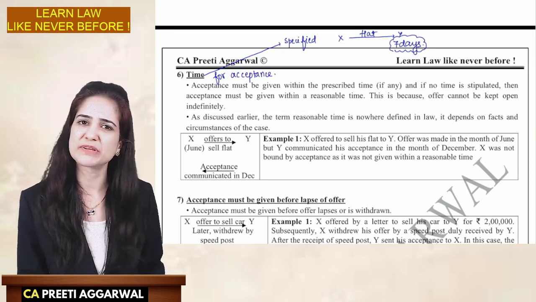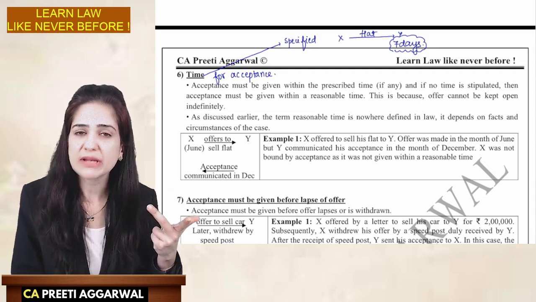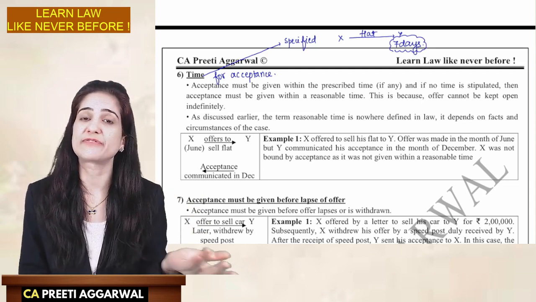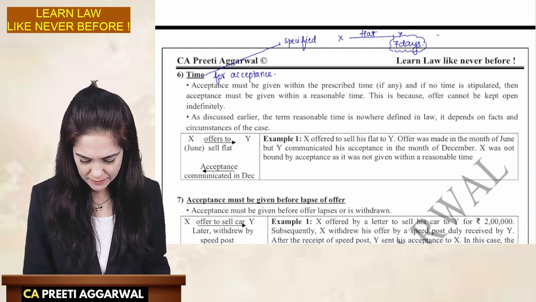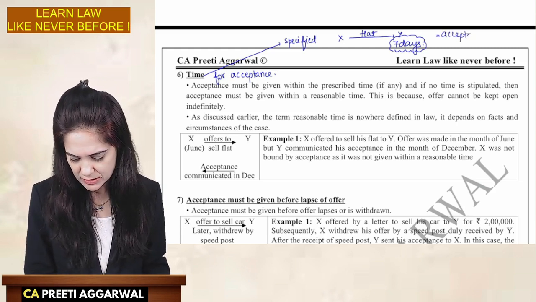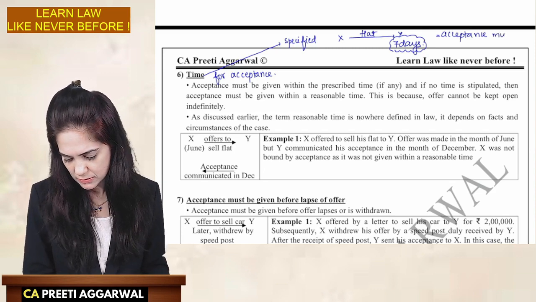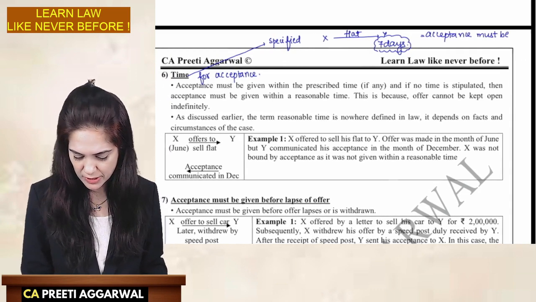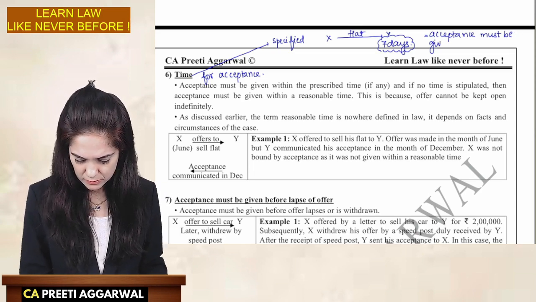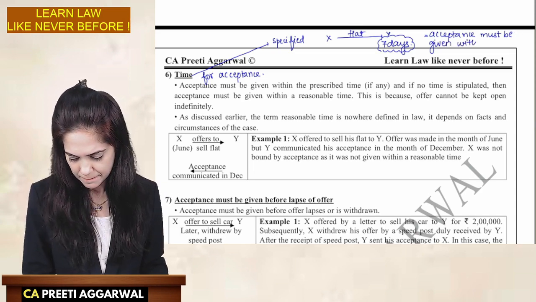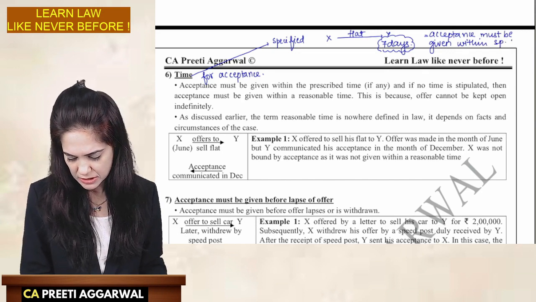But ma'am, nothing was specified. Then reasonable. What is reasonable? It is not given in law. It depends on the facts and circumstances of the case. If the time is specified, then the acceptance must be given within the specified time.